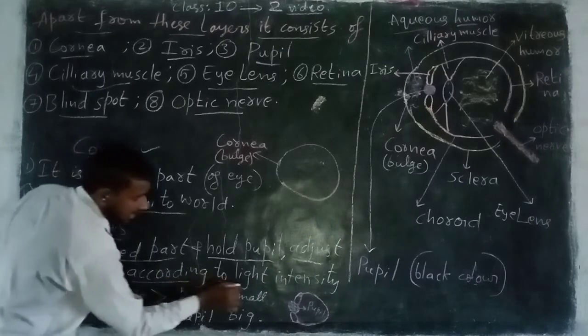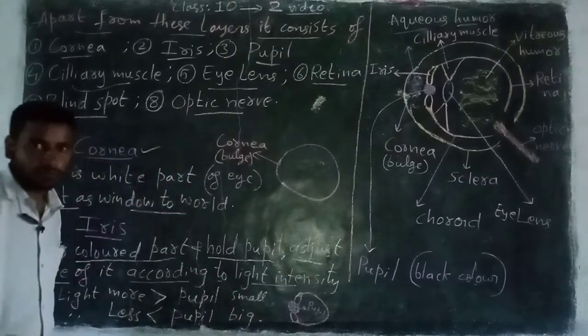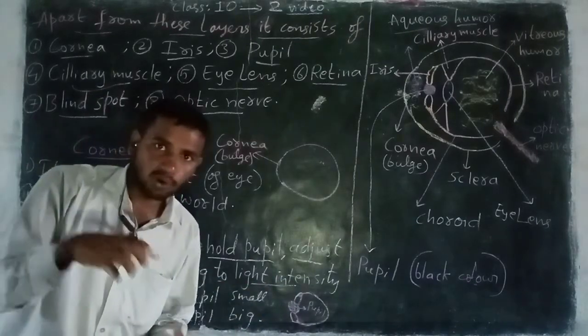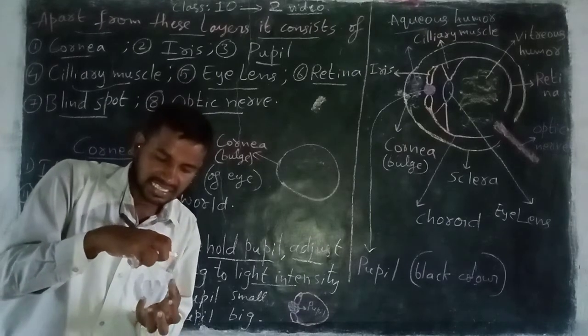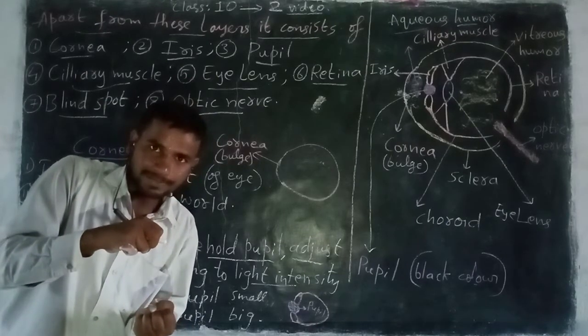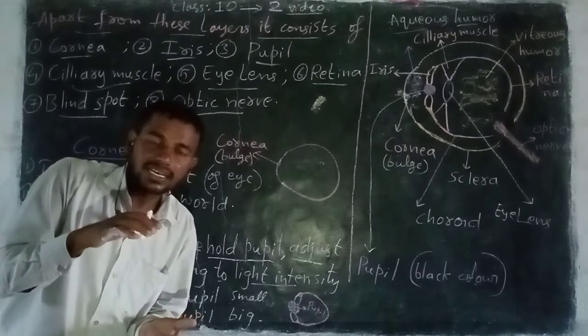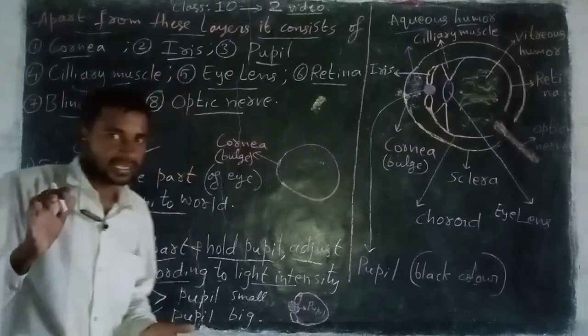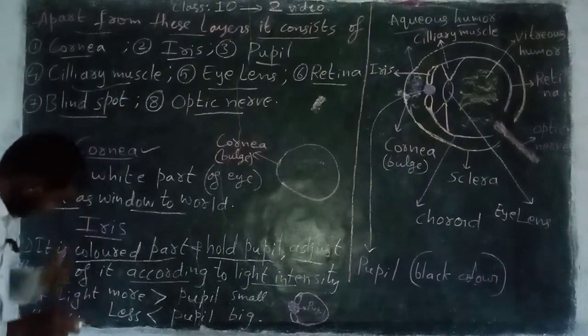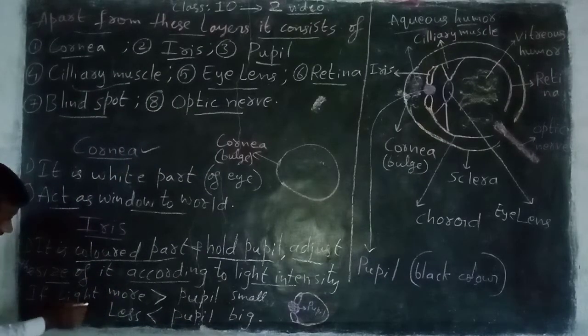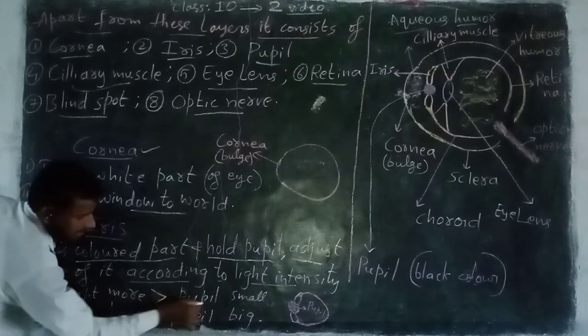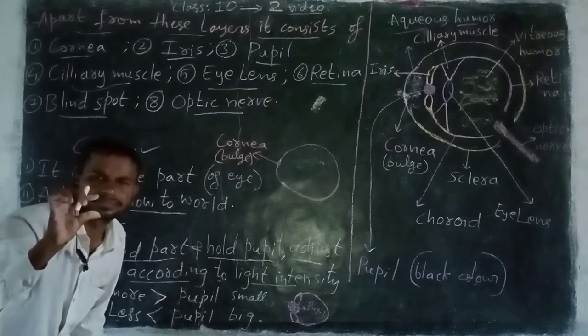They adjust it according to light intensity. If light intensity is more, the irises catch tightly. If light intensity is less, they catch loosely. So when light intensity is more, pupil size becomes small.